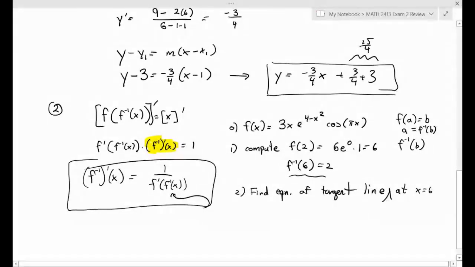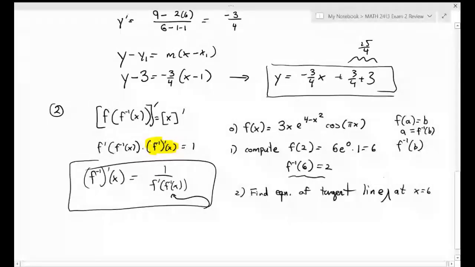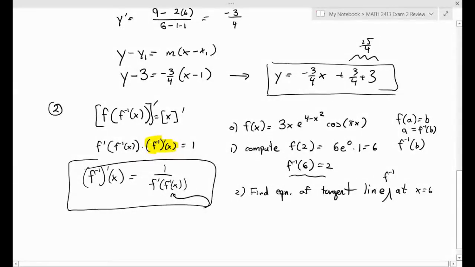Oops, I didn't say tangent line to what, did I? To f inverse. That's the whole point of the problem. So we're not finding the equation of a tangent line for f, but rather its inverse. And that's where this theorem will come into play, because we need a slope for the inverse.